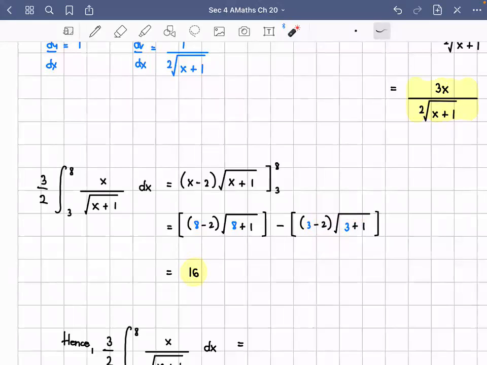By the way, maybe you're wondering, it should be 3 over 2, right? So the question is just this. We just factor out the coefficient 3 over 2, because it's not being asked also. So we just put that aside. So our answer here is 16.